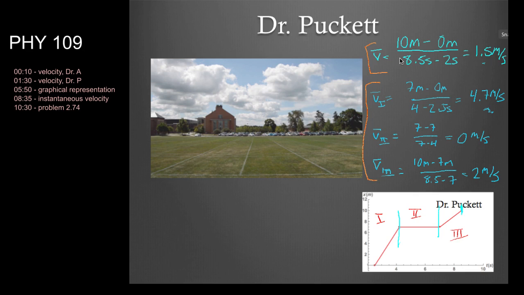You notice that the one we took over the whole time window is somewhere in between all of these. So when we took this measurement over this big delta t, 8.5 to 2, we're smearing out all the action that's going on for the rest of the video.